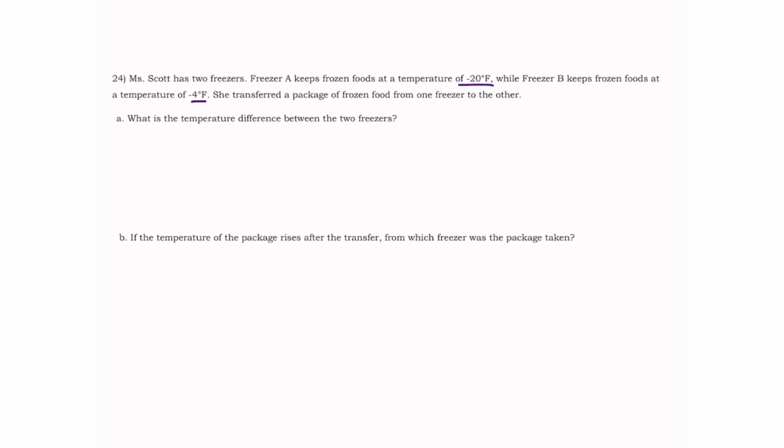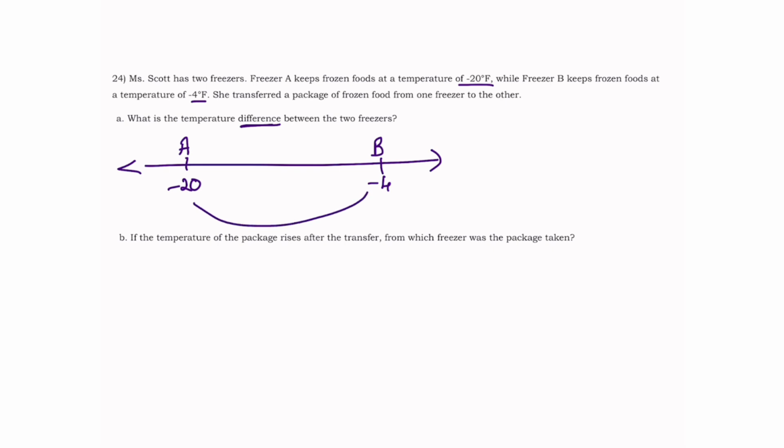You know, when you're finding the difference, basically you're finding the distance, and it's much easier with a number line. So let's do it here. This is minus 4 and this one is minus 20, right? So at minus 4, it's freezer B, and at minus 20, it's freezer A. Now, to find the difference, it's basically identifying the difference between these two, right?